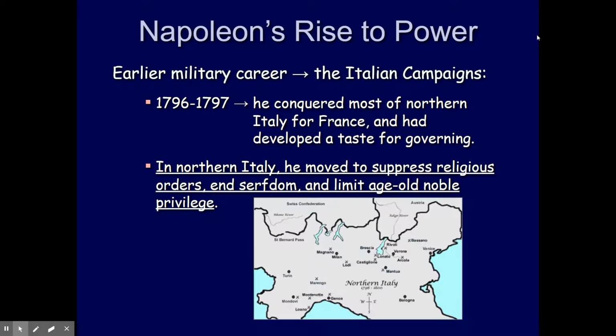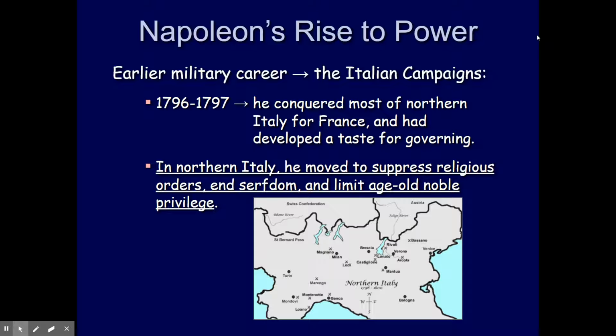His early campaigns were in the northern parts of Italy. So northern Italy was considered the kingdom of Italy, and then the bottom half was not part of the unified peninsula quite yet. He took over Italy in about 2.5 weeks, a place that former generals had struggled to take control of.